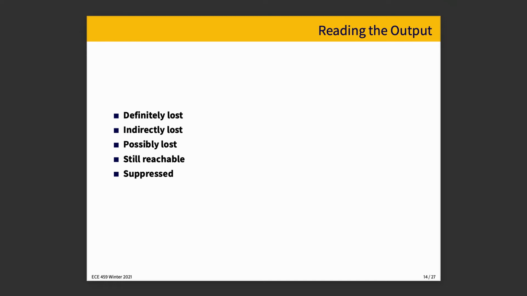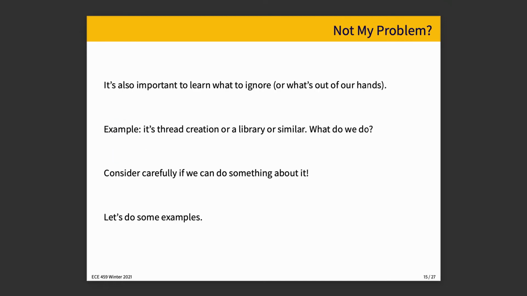On that subject, it's important to know what to ignore and what is out of your hands. Sometimes this happens in a C program, especially where you get an error reported on something like pthread_create, because it says some memory was allocated in pthread_create and wasn't deallocated somehow. And there isn't very much you can do about that. It is a bug in a library that is not under your control.